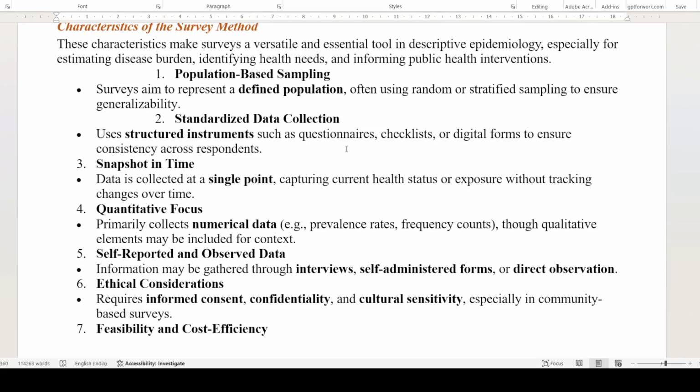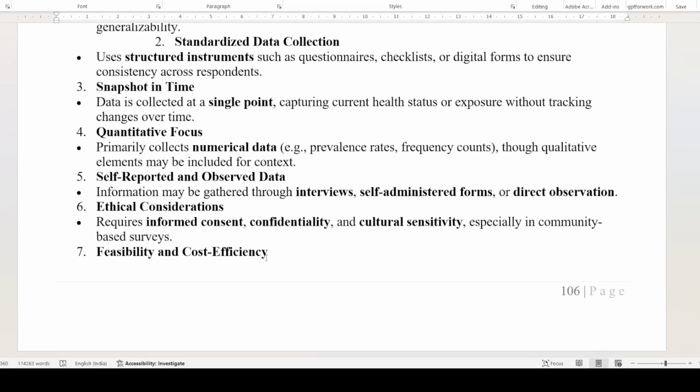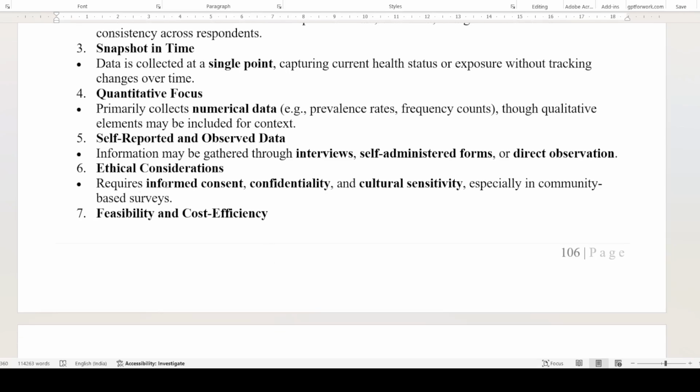Then we also have the snapshot in time, where data is collected at a single point in time. Then quantitative focus means the prevalence rate and the frequency counts, all in numerical form, right? Then self-reported and observed data both are considered in this method. Then for ethical considerations, we require informed consent, we have to keep the data confidential, and we also have to see the cultural sensitivity of the people who are being examined.